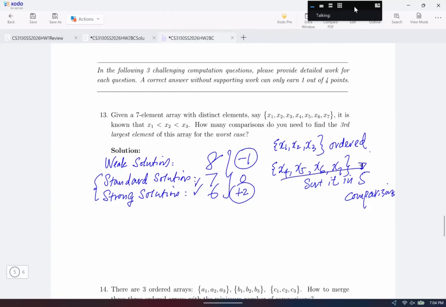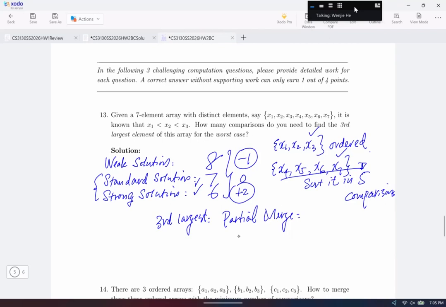All right. Then the next step, because we have 2 ordered arrays, we want to find the third largest. We apply a partial merge operation from the high end.